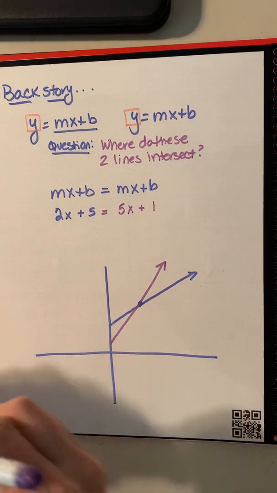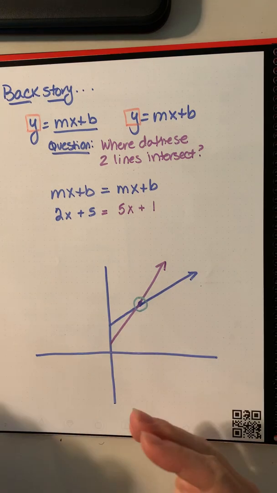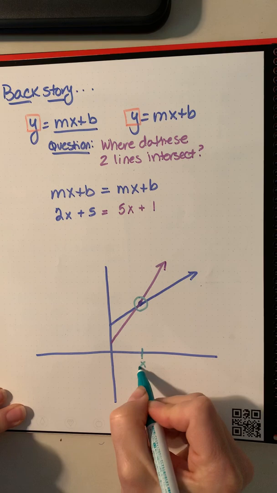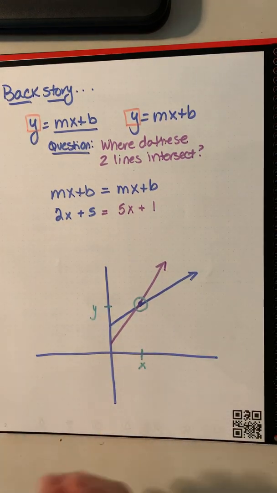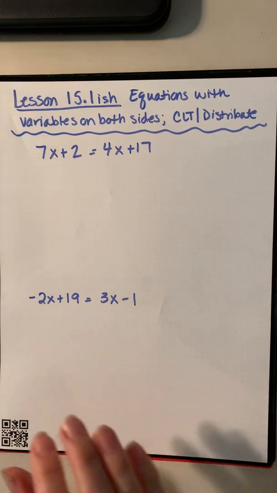Boom. Then this point right here is going to represent where they cross, okay? And we will be calculating for the x value and the y value, right? That's essentially what we're going to be doing in each of these problems, okay? So let's flip back over and take a look at our first sample problem.